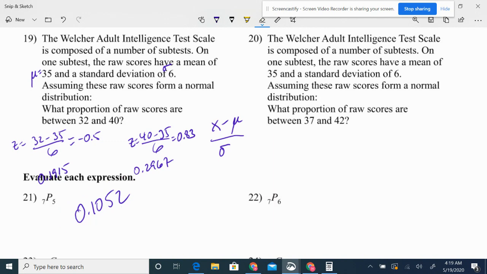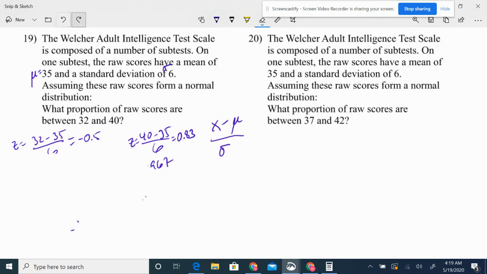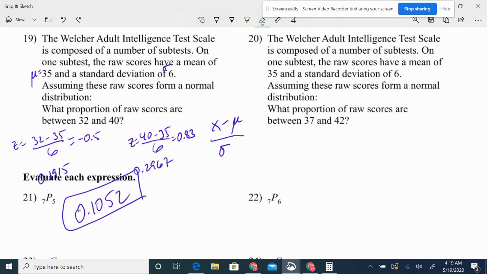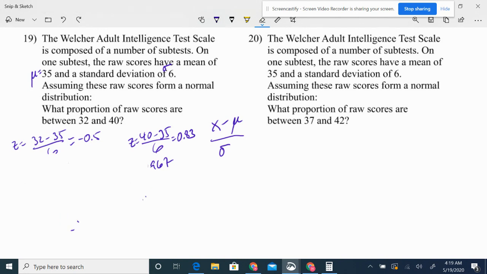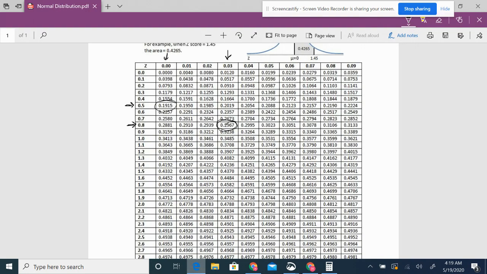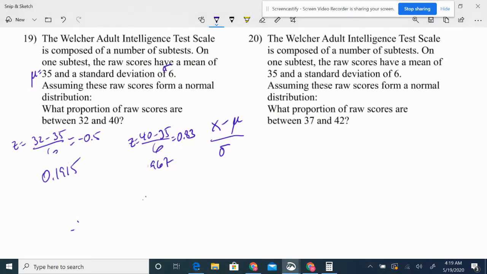Incorrect, actually. Let me go back a little. Forgot to do one thing. 0.1915. Yeah, I didn't quite find a percentile. My bad. 2967. I forgot to do one more step.